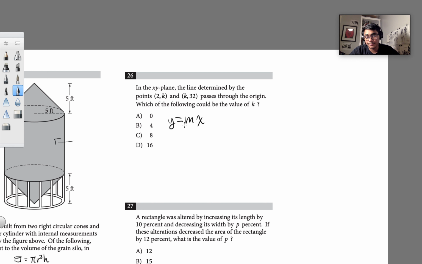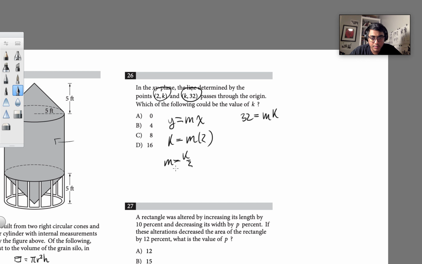So let's do that, because there's 2 variables here, k and m. So let's plug this in. So k is equal to m times 2, so that means m is equal to k over 2. Now we have the value of m in terms of k. Now, let's use this equation. 32 is equal to, so the x value is k, so m times k.